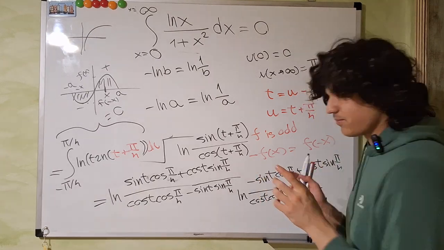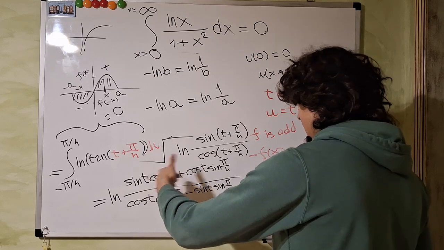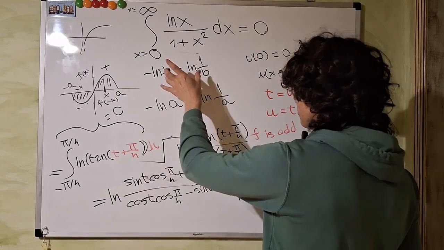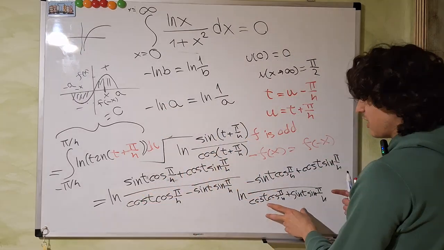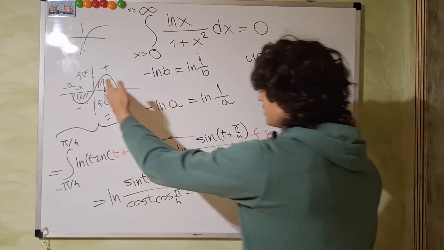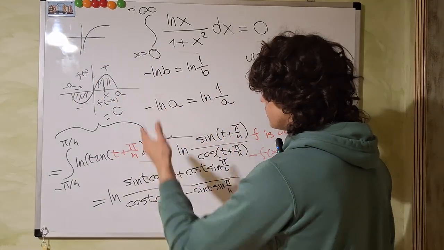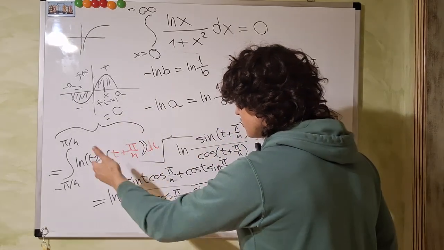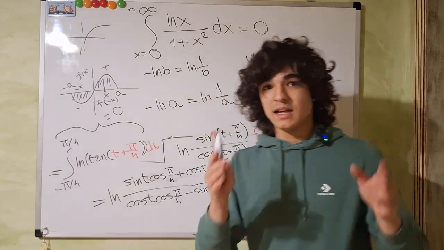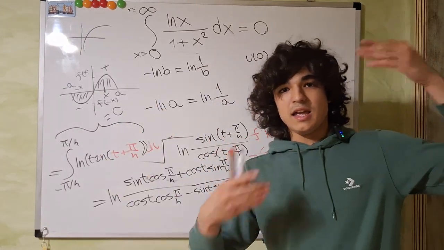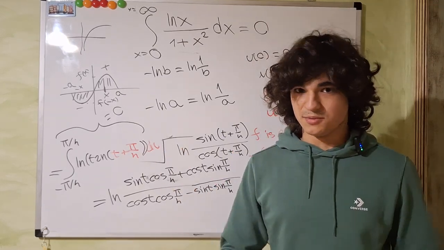The important thing is to notice that these two are the inverses of one another, and you can use the properties of logarithms to show that this function is minus this function, but those are the same function evaluated at opposite points. And thanks to that, you can draw this conclusion and say, okay, this function is odd, so the integral over a symmetric interval must go to 0. And it is indeed 0 because we're summing equal areas with opposite sign. So it's clear that the answer has to be 0.